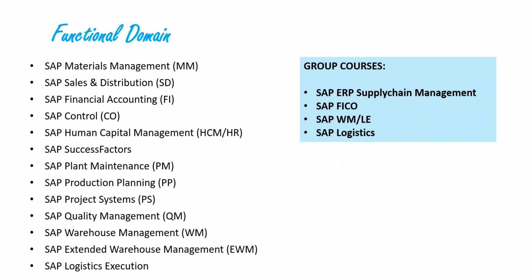Let's look at more details in the functional domain. There you have processes like SAP Materials Management. Now, this is a course, SAP Materials Management, and it covers purchasing, inventory management, logistics invoice verification, management of materials, management of suppliers or vendors, material requirement planning, MRP, physical inventory, and so on.